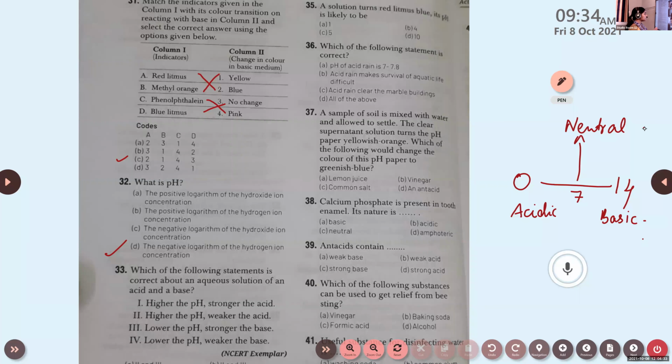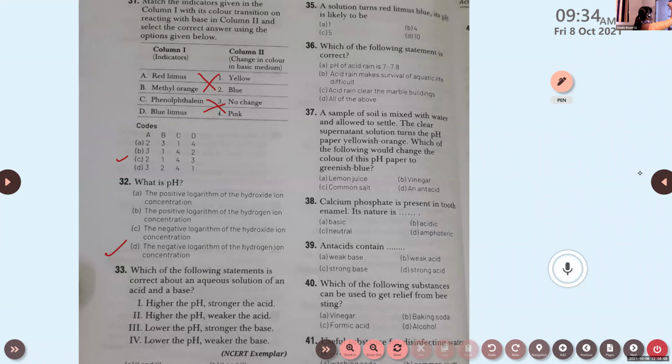Strong bases are there in which pH range? Near to 7 or near to 14? Near to 14. Near to 7 is always weak acids and weak bases. Okay? So we are moving to the next question.